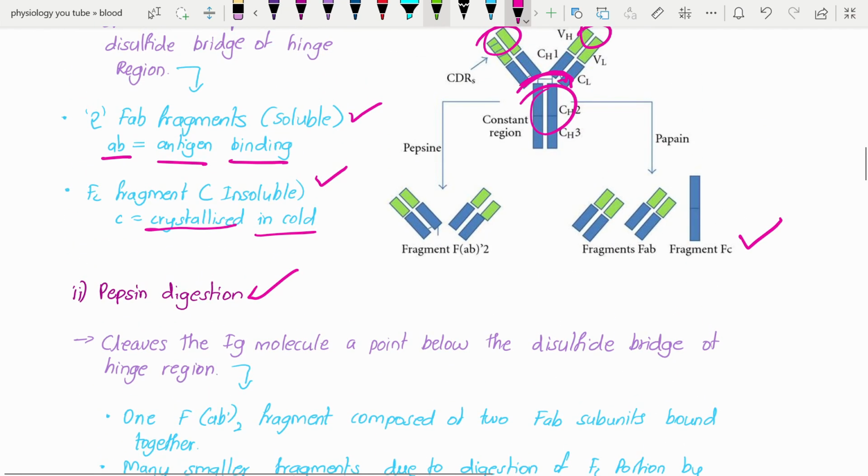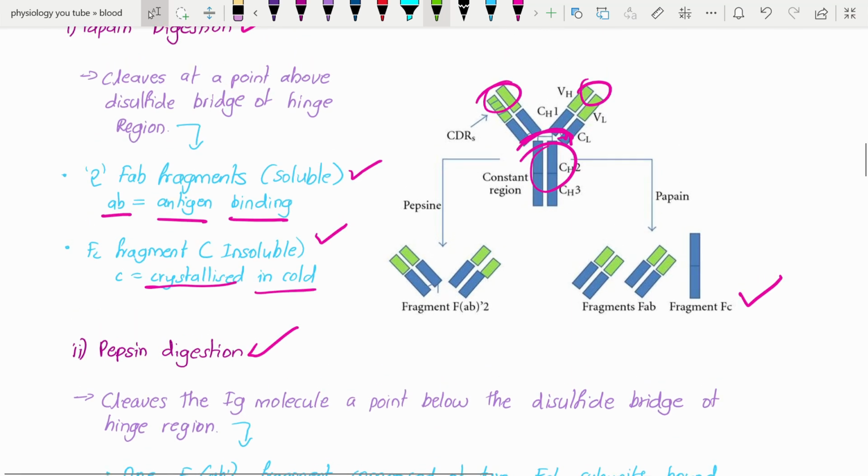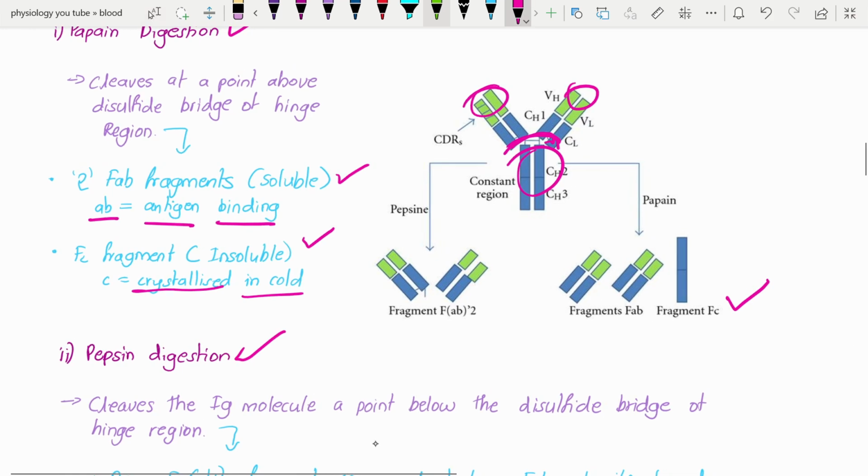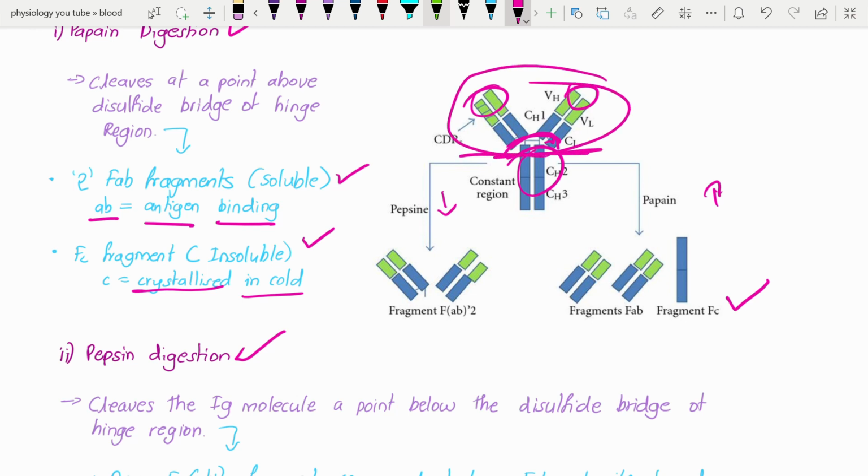Now looking into the pepsin digestion. Pepsin does the opposite of papain. What I said was papain cuts above, but pepsin is going to cut below the hinge region, below the disulfide bridges. Once you get that imagination, if I cut here, these two fragments will be together.